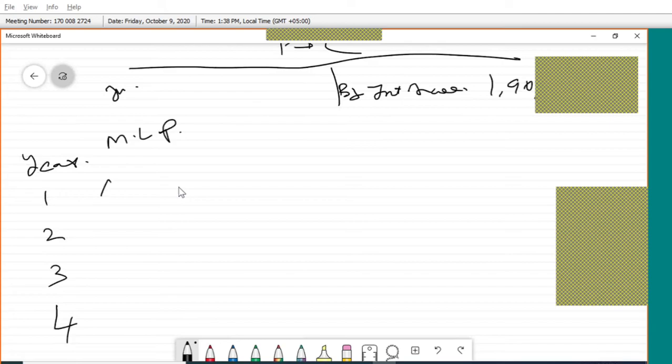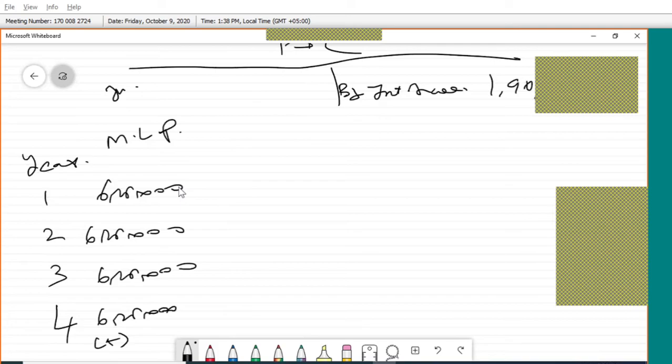So MLP is how much? 6,25,000 plus guaranteed residual value 3,75,000. Unguaranteed residual value should not be taken in the books of the lessee. We are calculating in the books of the lessee only.